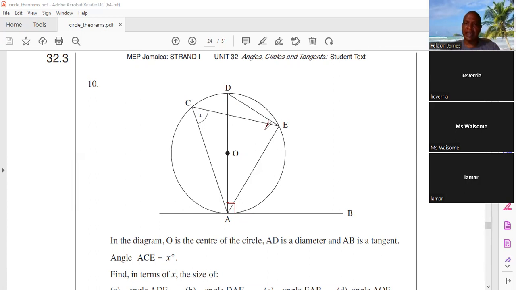You know that this is 90 because this is an angle within a semicircle. You know that this angle here must also be the same as X based on this triangle. So can we figure out what this angle is?